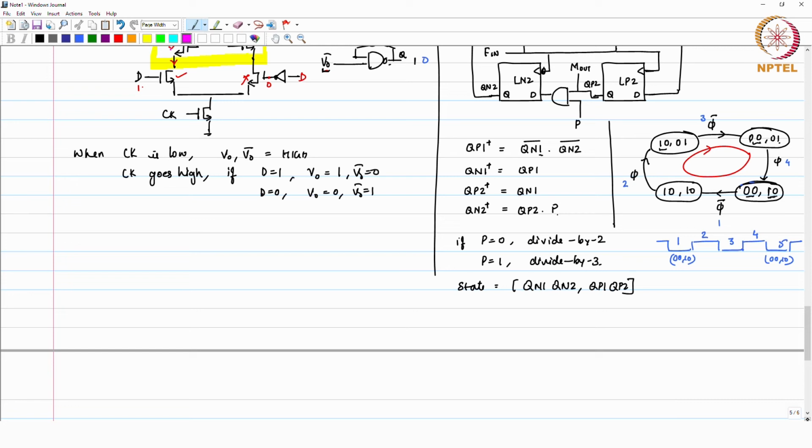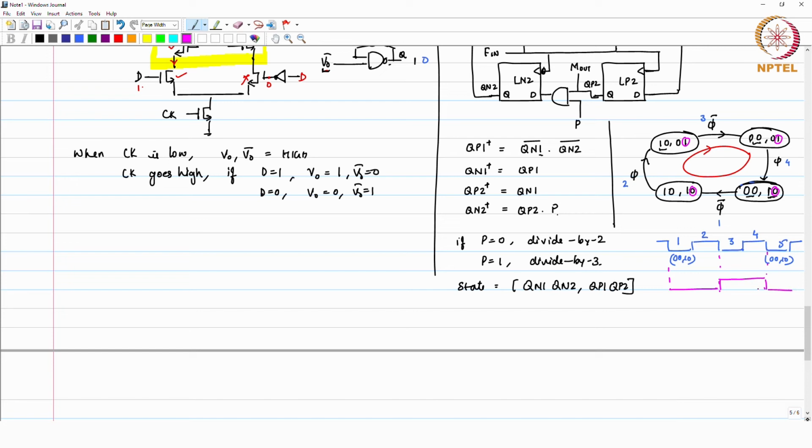Now, the other thing which you can see here is whether you take Qp2. Qp2 here is 0 0, then it becomes 1 and 1, which means if I look at the digital signal at Qp2, Qp2 is 0 for 2 consecutive and then it is 1.